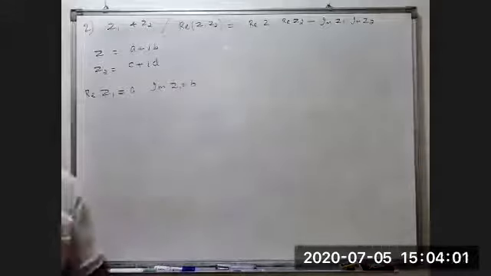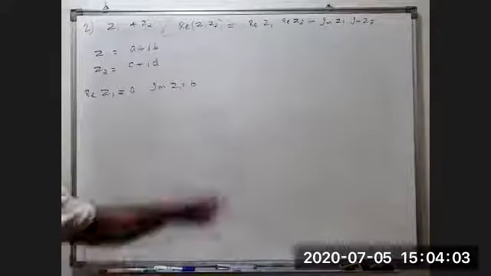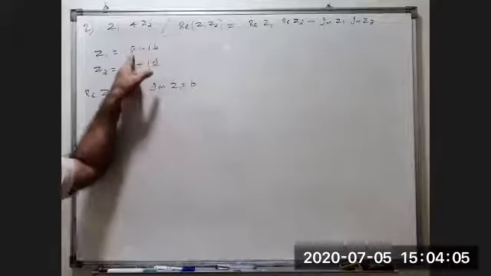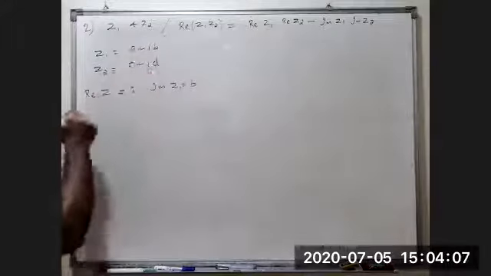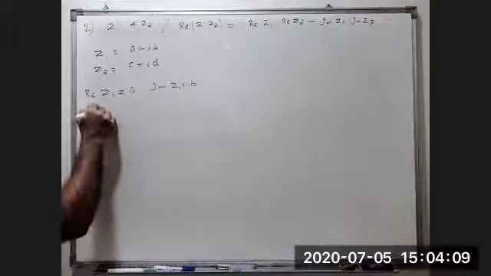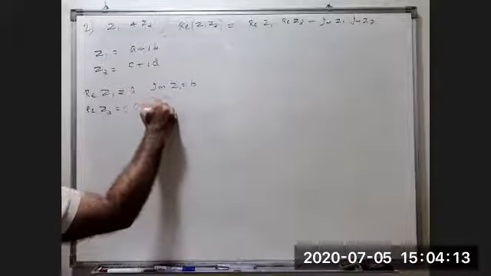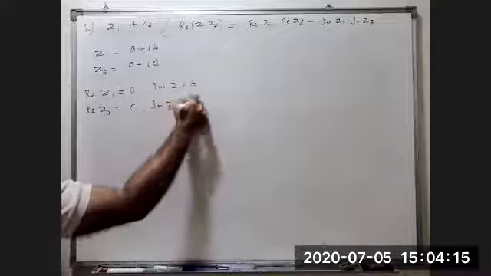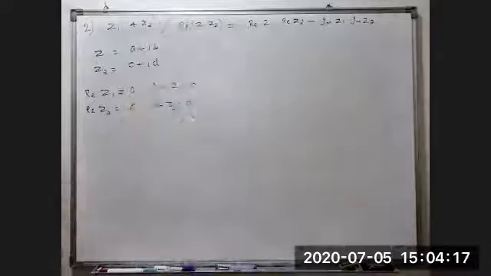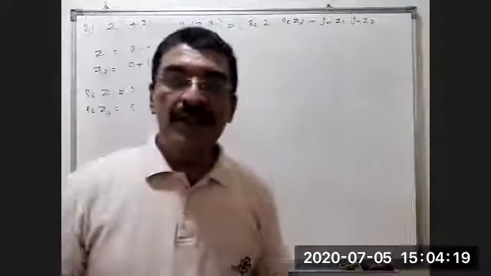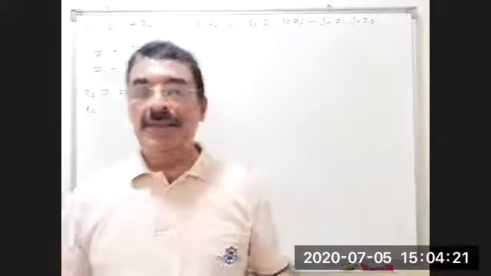Imaginary part means the part with i. So here the imaginary part is b, real part is a. Similarly, the real part of the second complex number is c, and the imaginary part of the second number is d.